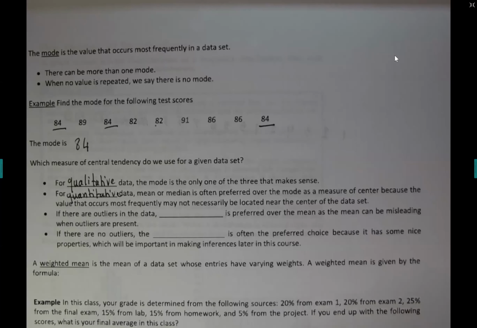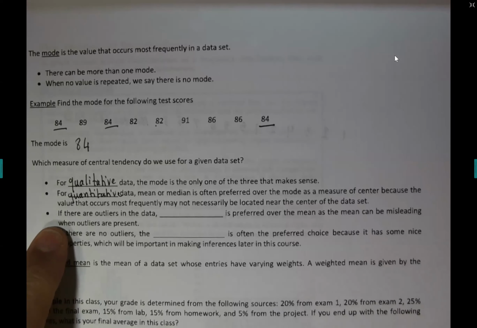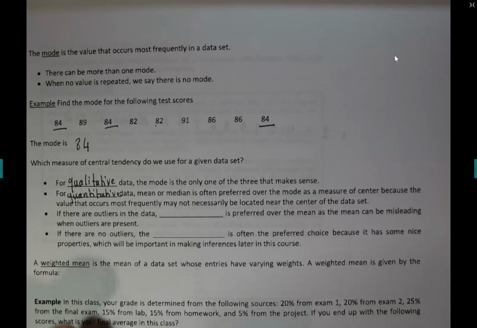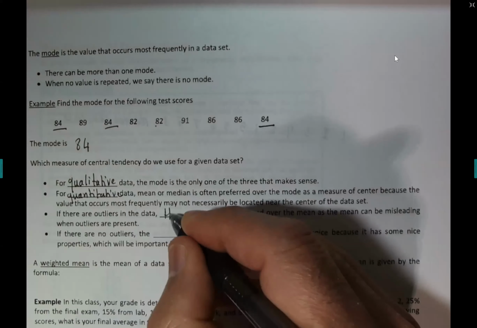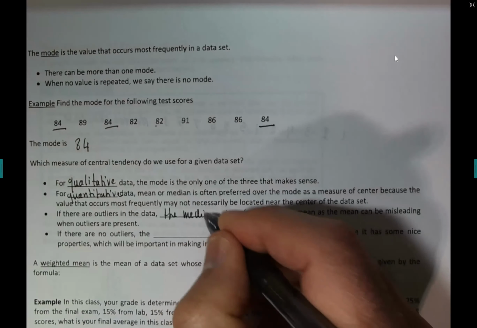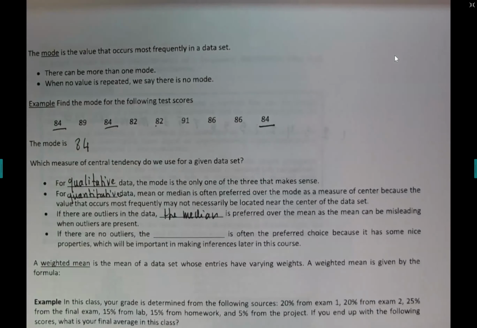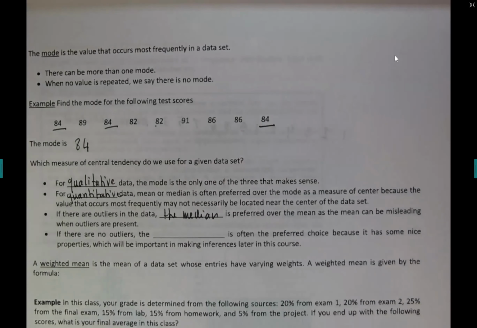So now I can fill in the blanks here. If there are outliers in the data, the median is preferred over the mean, as the mean can be misleading when outliers are present. If there are no outliers, guys, the mean is the preferred method.